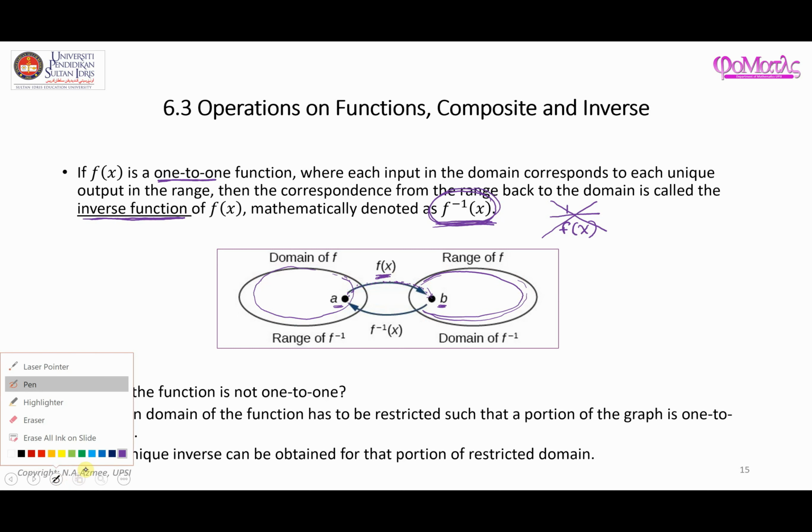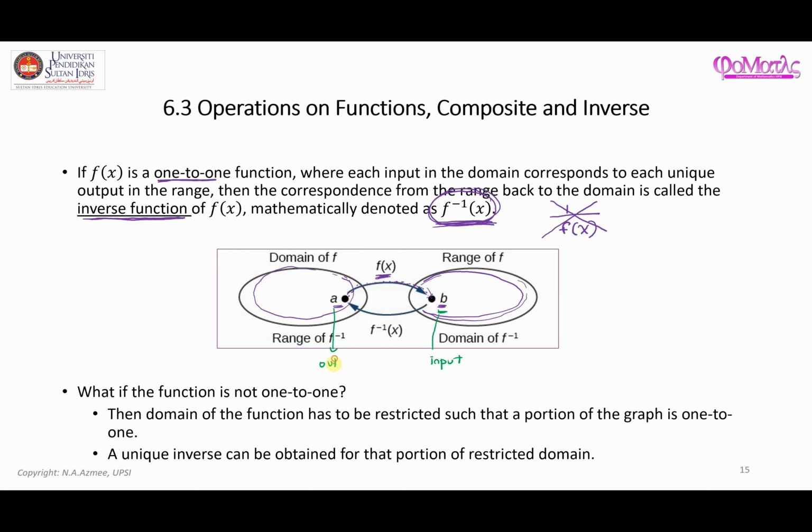Now, when you talk about inverse function, this now will become an input, and this one will become an output. So basically you reverse the process, and input is linked to the output by a function, and this function is called inverse function. Therefore, this whole thing here becomes the domain for inverse function, and this one becomes the range for inverse function.